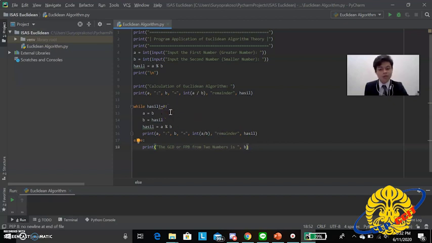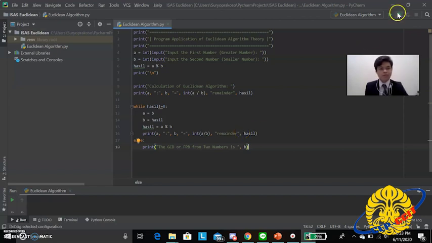In the while syntax, we have to change A equals B, the A variable equals B, and the B variable equals hasil. Why? Because I already told you guys about the principle of Euclidean algorithm: dividing a larger number by the smaller, and the smaller by the remainder, and the first remainder by the second remainder, and so on until we have the remainder 0.